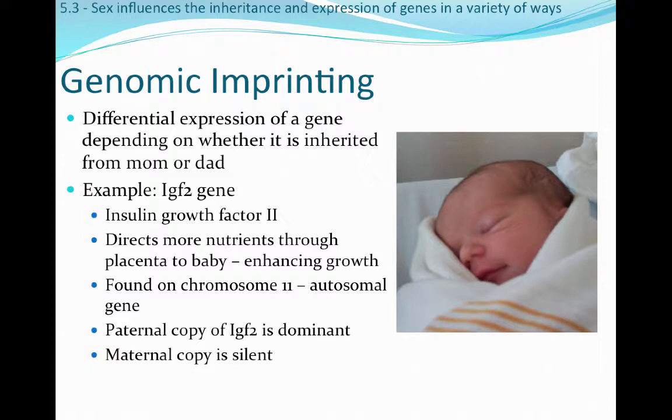So you can see that if there was a mutation in this gene, it would actually result in premature babies or even miscarriages. So this gene is found on chromosome 11, and it's an autosomal gene, but it is actually determined based on which expression or which allele is being expressed, whether it was from mom or from dad.